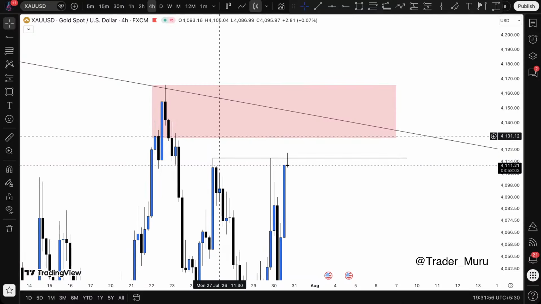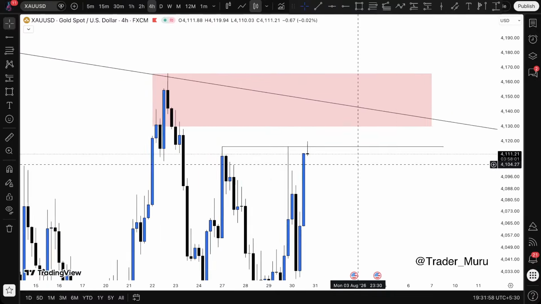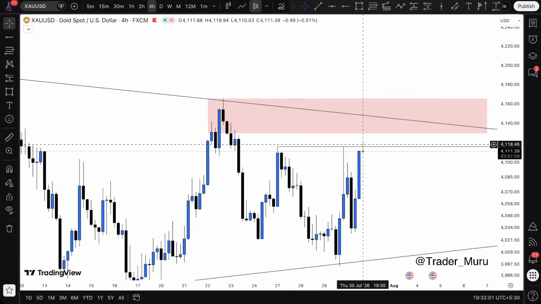Sweep is done, but area is not tested. Let's see how we get this candle. It should test at least this area again.